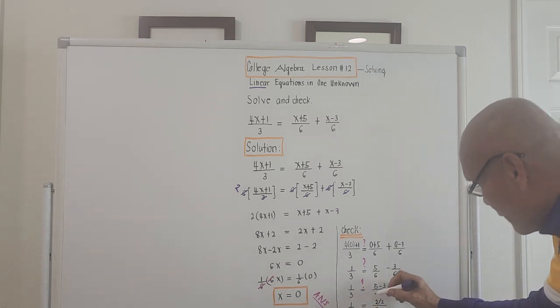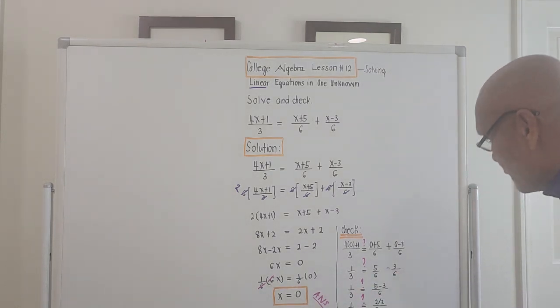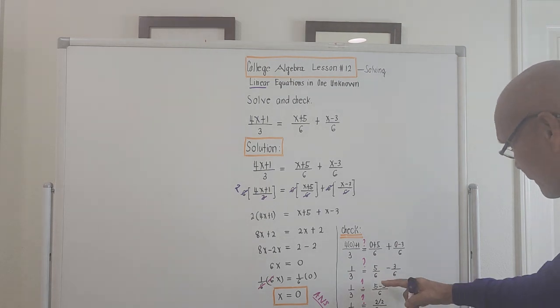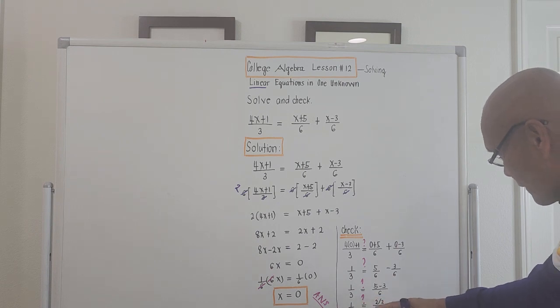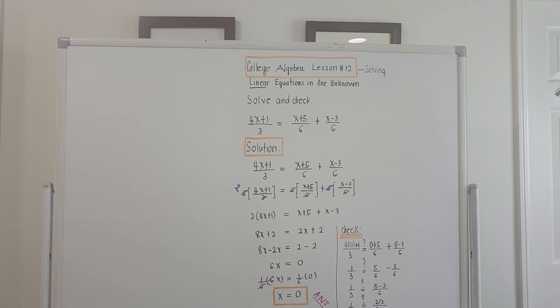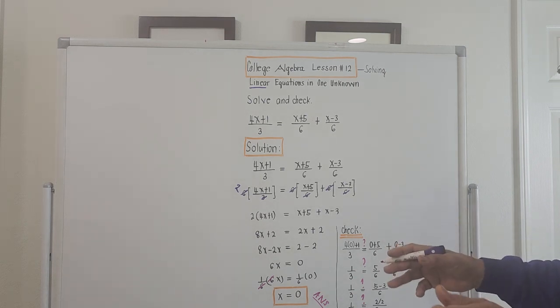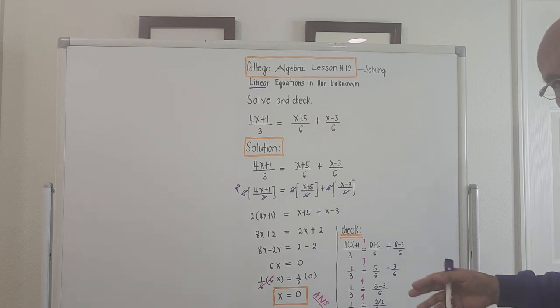So 1/3, will it be equal to? Okay. 5 minus 3 is actually 2, right? So it will become 2 over 6. But since this is 1/3, we will use the so-called divisive rule under the simplification of linear equations. That is, we divide both the numerator and denominator by the same number.